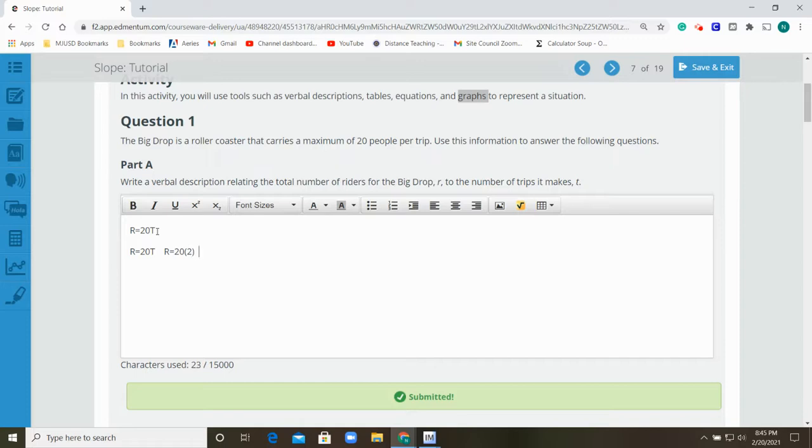If the number of trips equals, let's say, 317, then R equals 20 times 317, the number of trips.